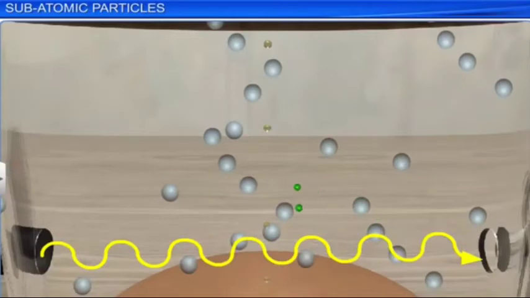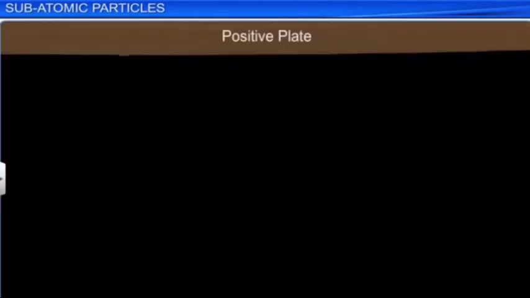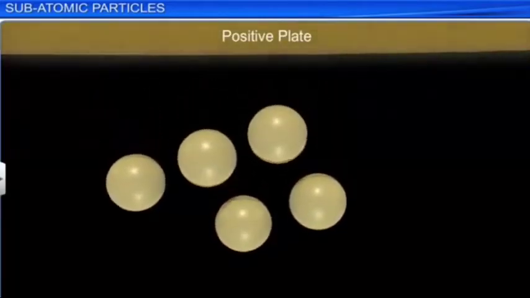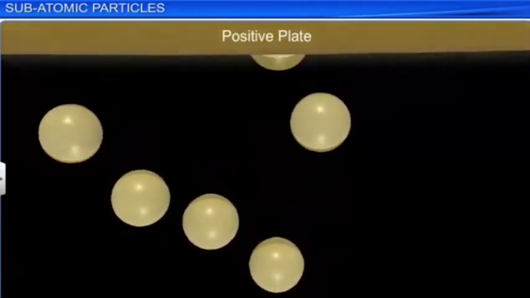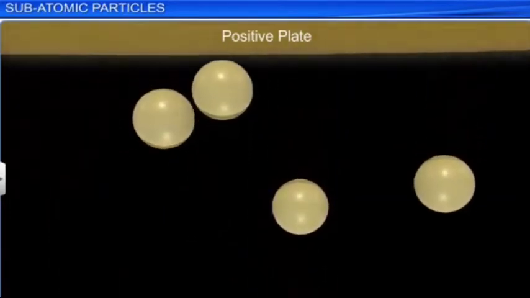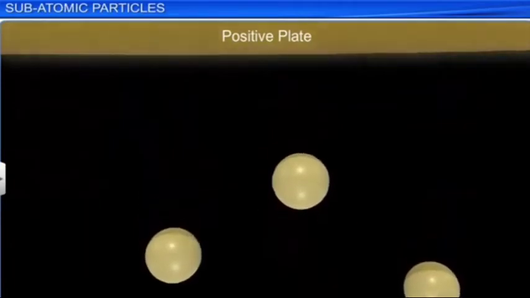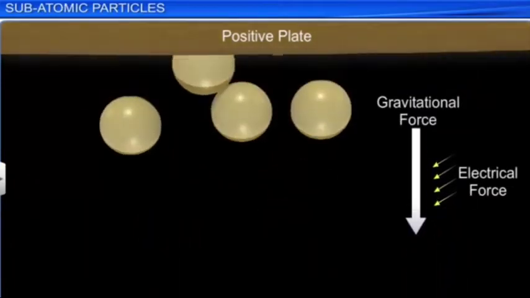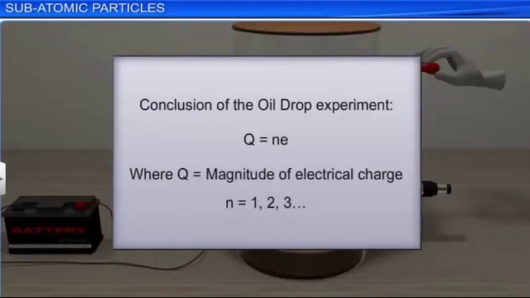The X-rays displaced electrons from air molecules, which negatively charged the oil droplets.